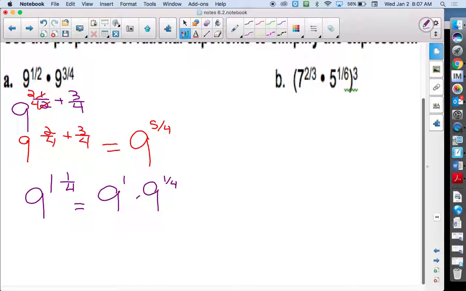So we're breaking it apart. Now I have this whole number of 1, 9 to the first, and that just becomes 9. This part here is the part you want to change into radical form, because I've pulled out that whole number part and separated it from the problem. So 9 to the 1/4 would be written as a radical as the 4th root of 9.